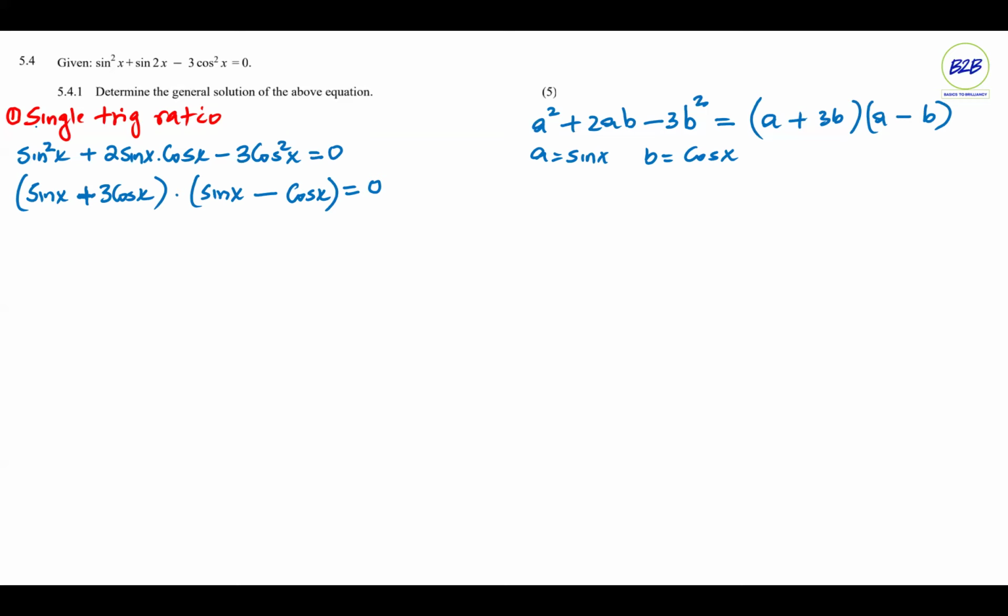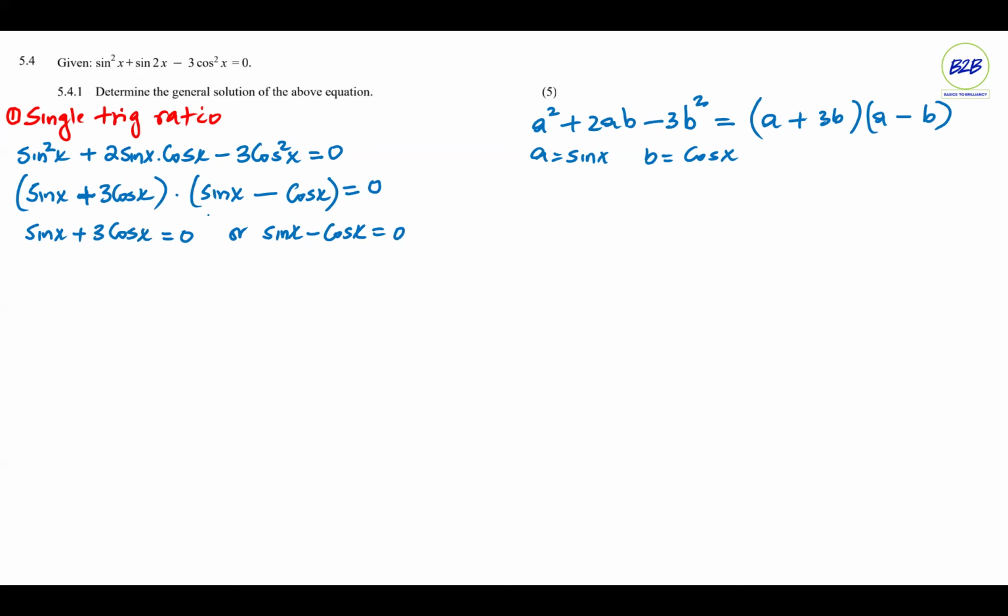But nonetheless, we have not established a single trigonometric ratio. That is what we are still working towards. Then let us continue. We will now say each of these brackets is equal to 0. Sine x plus 3 cos x is equal to 0, or sine x minus cos x is equal to 0.